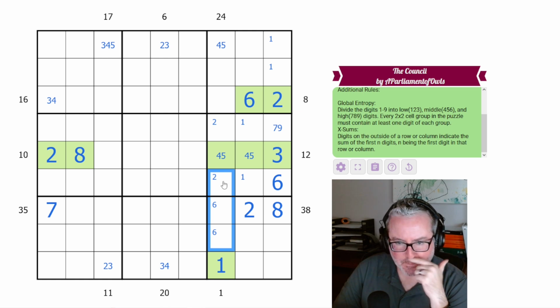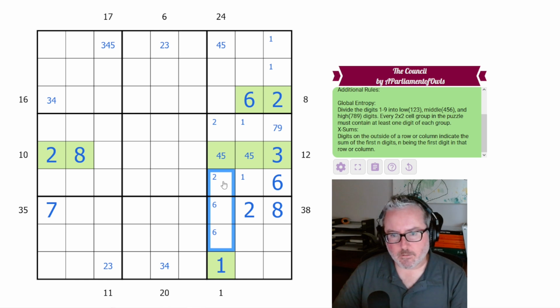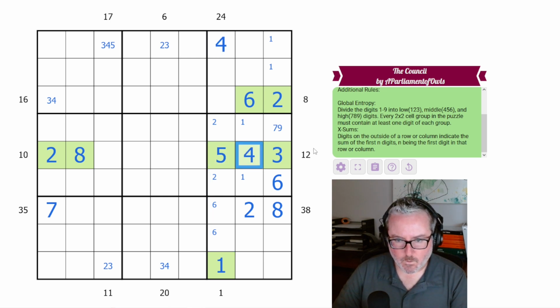And 767 doesn't work. And we're down to our 6. So no, we'd have to have 14 in some way. None of those versions of 14 works. This is a 4, which means this is 5 and 4. Which means these digits have to add up to 24.